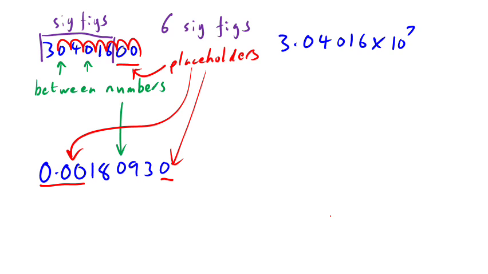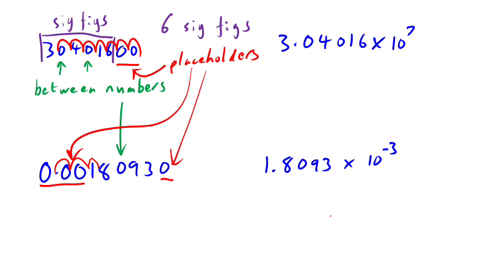So we then look at our number. We write 1 digit. Remember, we only have 1 digit, and then the rest have to be after the decimal. 1.8093. And how many moves do we make to get there? Well, 1, 2, 3. So we've got to go times 10 to the negative 3. Remember, negative because we're going the other way.